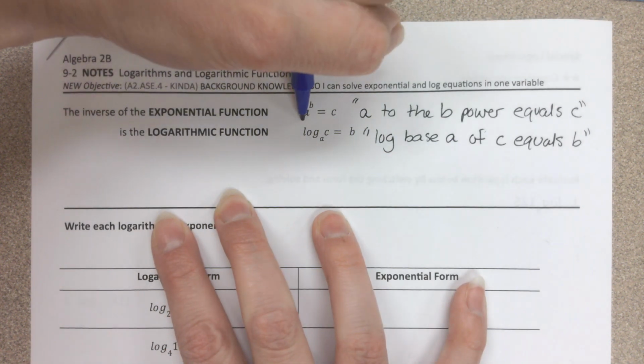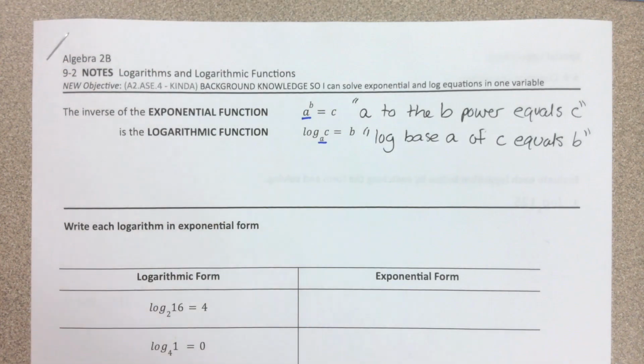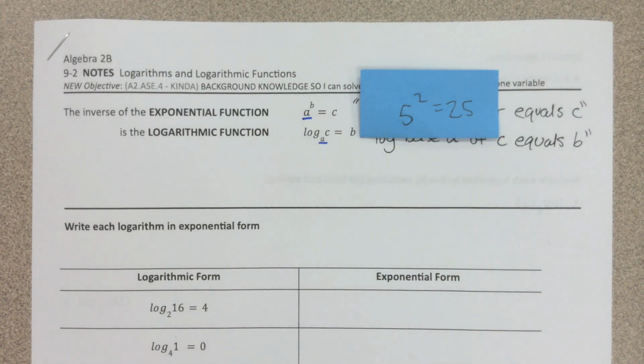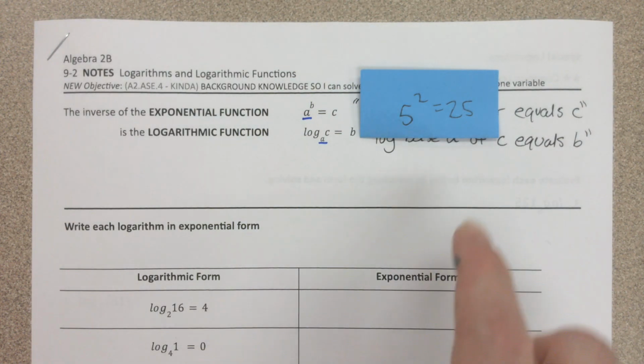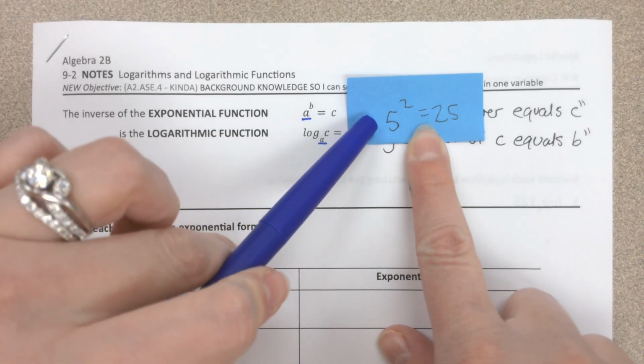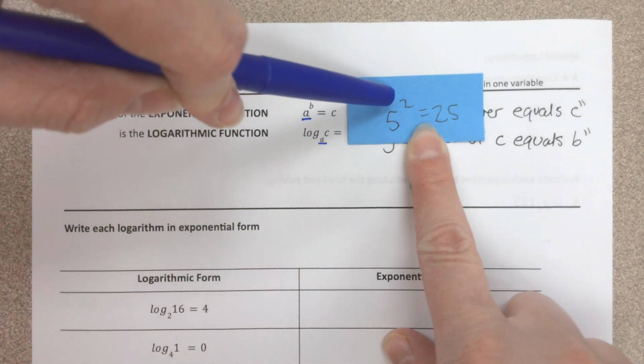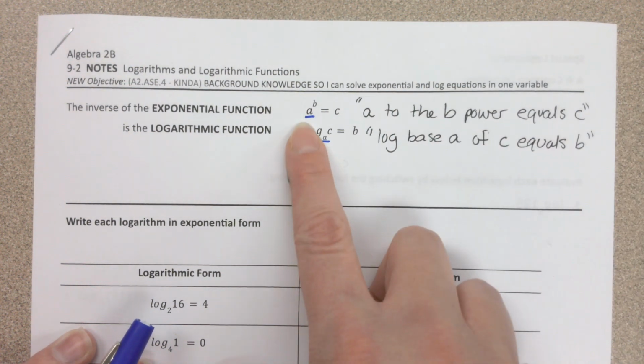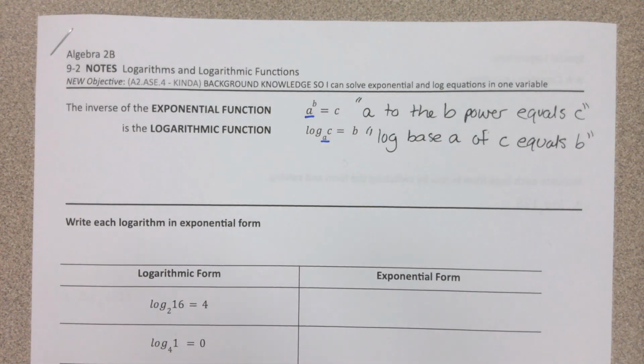Let's start with those A's. Again, we're going to look back at my little example here. In general, we have always understood that the 5, that's the base number, and then the 2, that's the exponent or the power, whatever you want to say. So that A is the base.